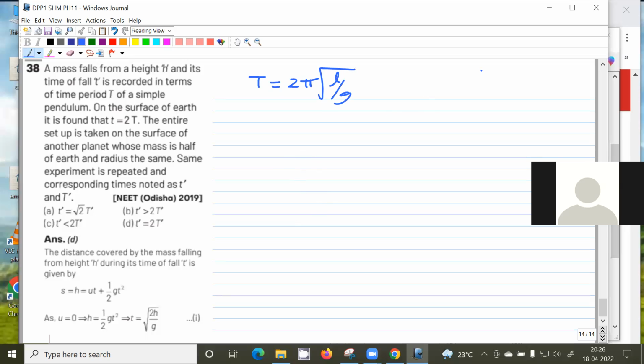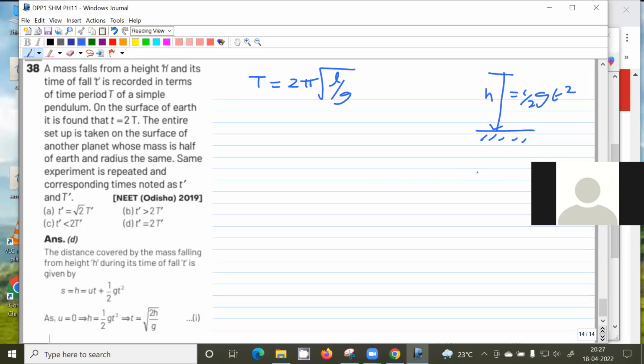And the time taken to fall from a height, does it depend on g? Yes, sir. And g depends on the mass of the planet. Dropping from a height h, h equals half g t square, right?